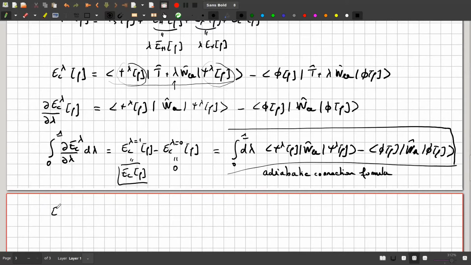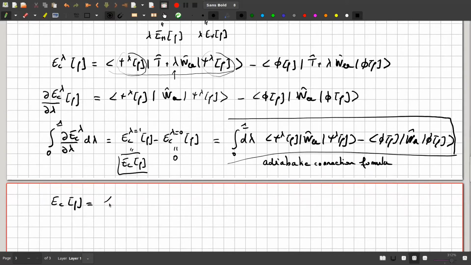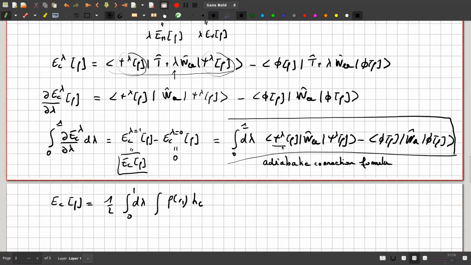So we are going to get that the correlation energy is 1/2 integral over lambda from 0 to 1. And then I have the density at R1, the correlation hole associated to this psi lambda.